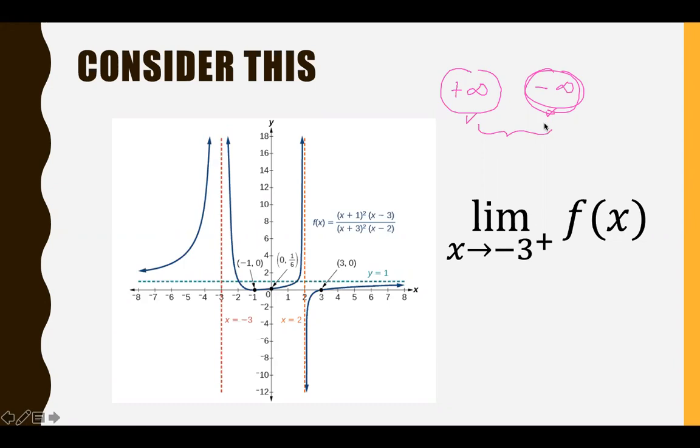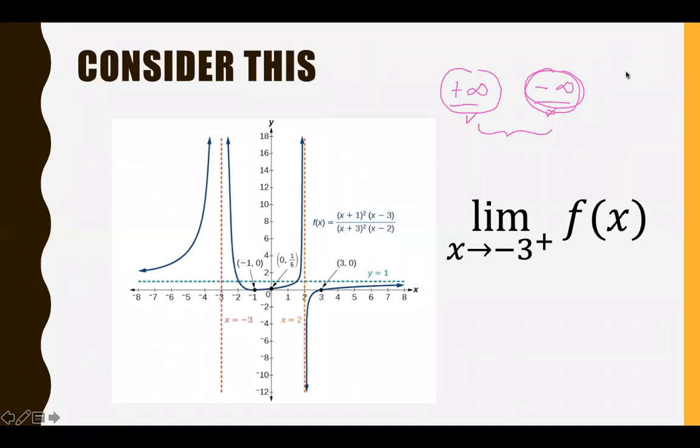So when we have answers like this, still the limit does not exist. However, these are just used to represent whether your answers are increasing indefinitely or decreasing indefinitely.